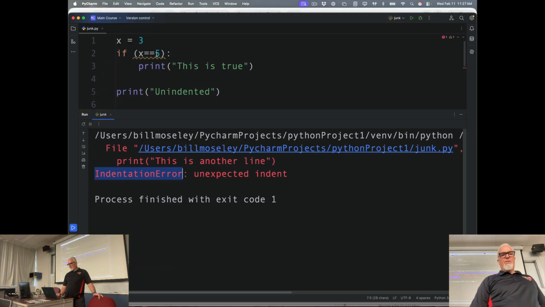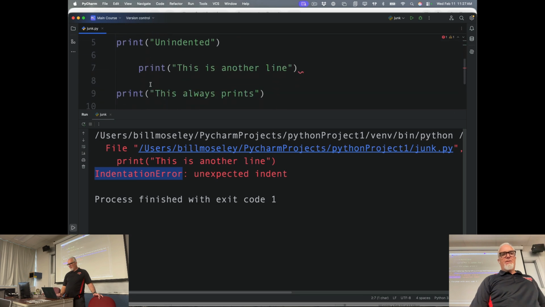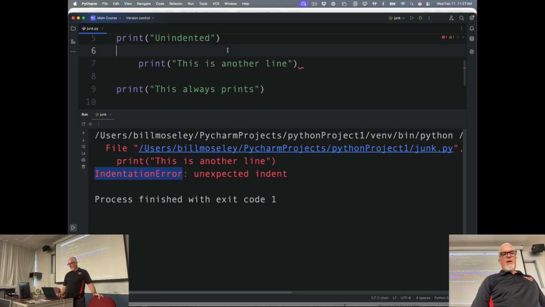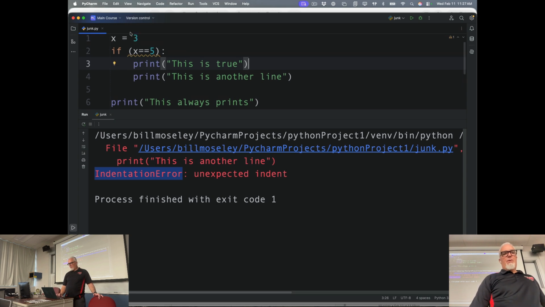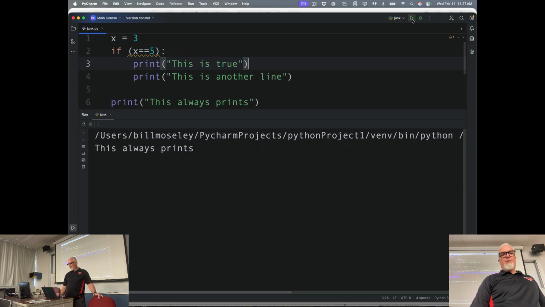So if I do this, now let's get rid of my unindented line here that's messing us up. Right now, if I run this, because x is not equal to 3, it only prints the line following the code block.